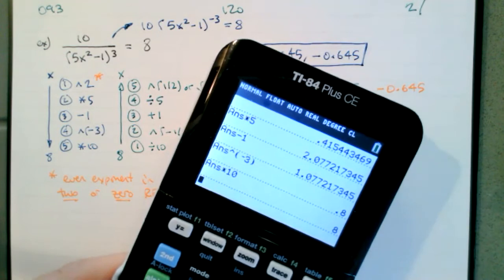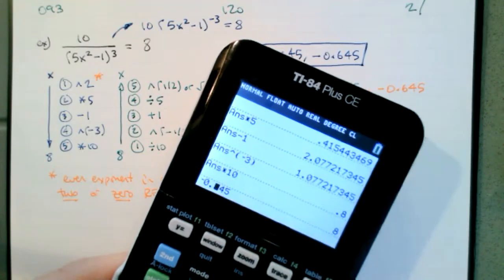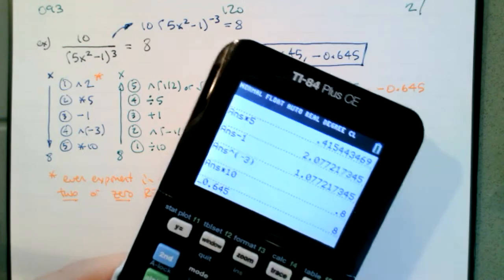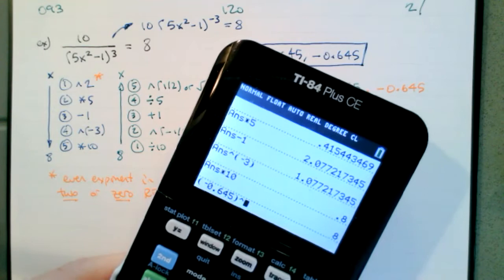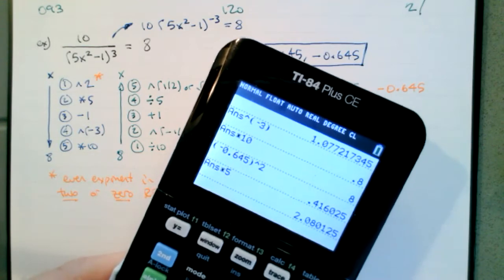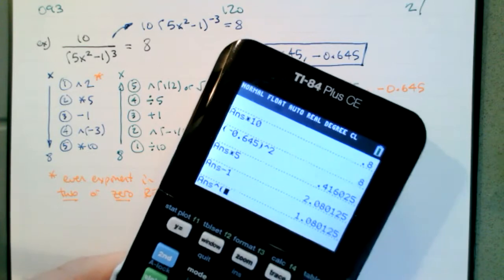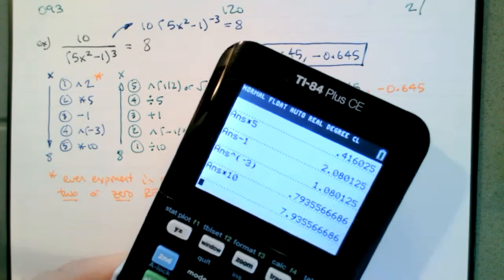If I start with a negative 0.645, which has been rounded off, so it's going to be off a little bit, and I raise the negative along with it, to the second, and then multiply by 5, and then subtract 1, and then raise to the negative 3rd power, and then multiply by 10, I get 8.